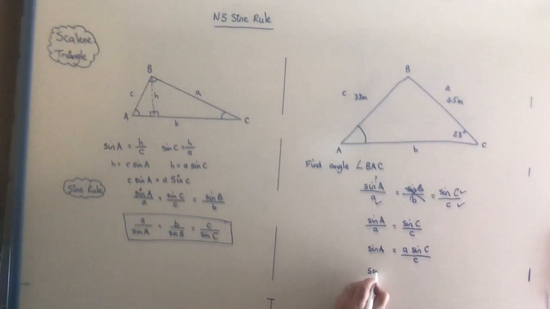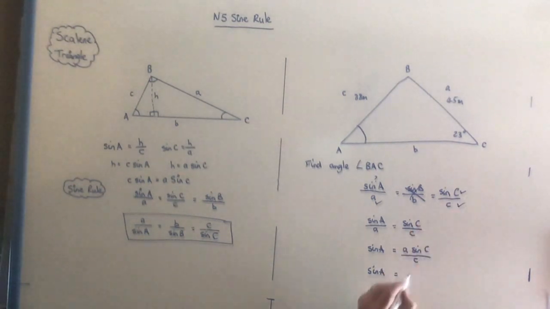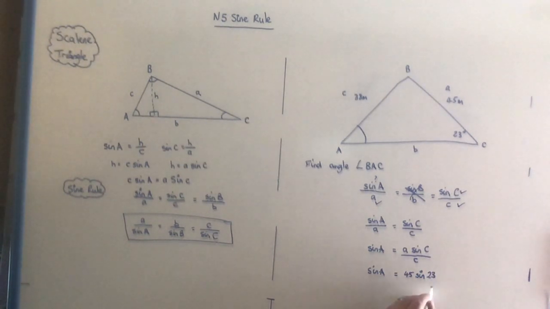So sine A is equal to, so what do we have? a is 45, sine C, the angle at C is 23, and the length of small c is 38. So we work that out. Now it's just a wee bit more involved.